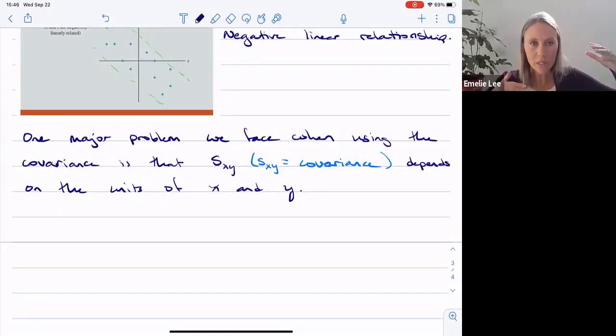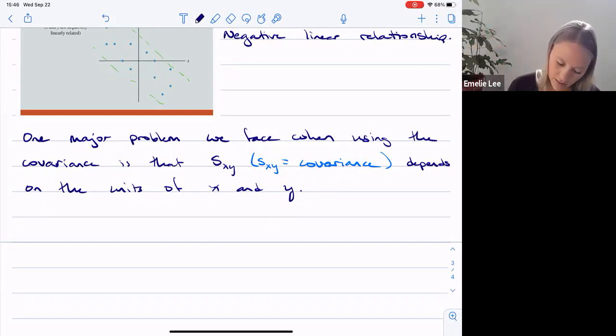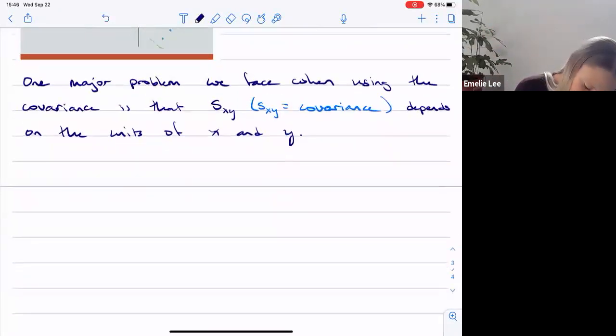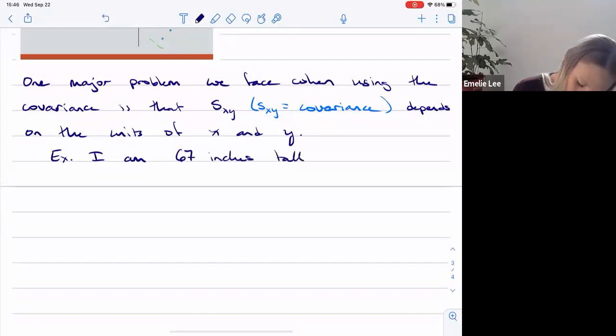And so that's a problem, because that means that a huge covariance doesn't necessarily mean that there's a strong relationship, right? As an example, I hope I did the math right. I'm not that good at inches and feet and stuff. So I am 67 inches tall, or 170 centimeters.